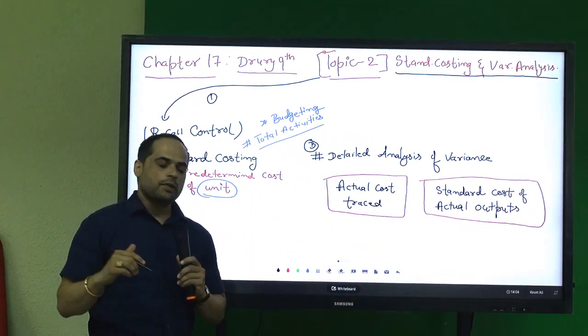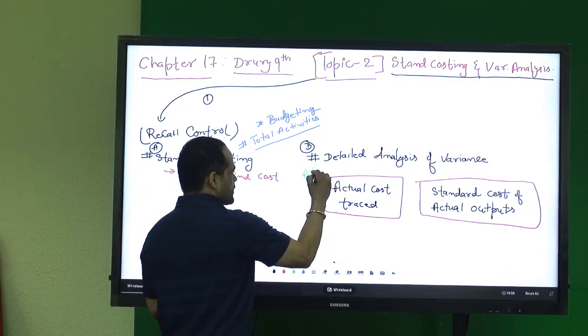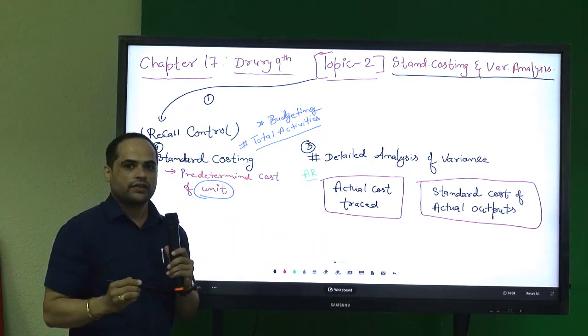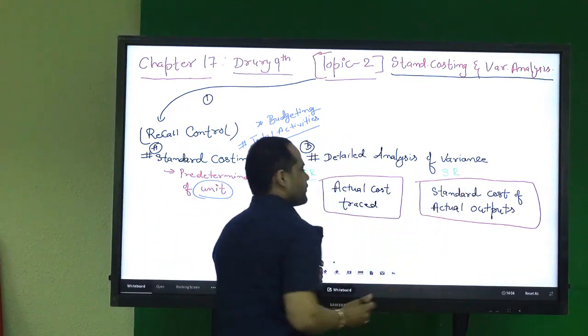In simple words, this is the actual results, and this is the planned results, the standard or budget.